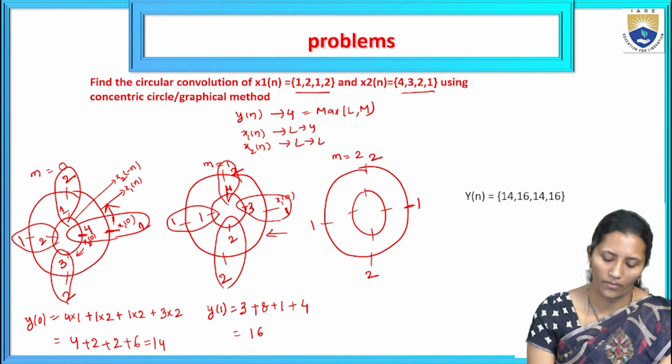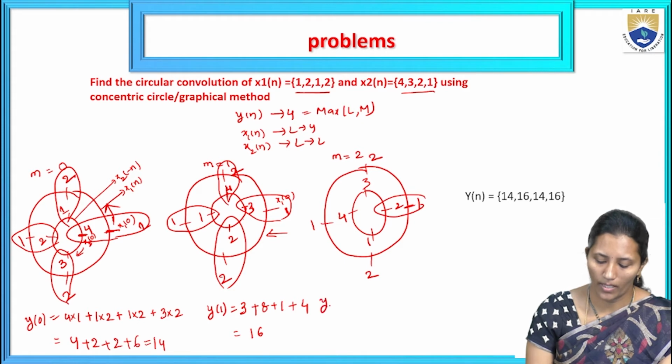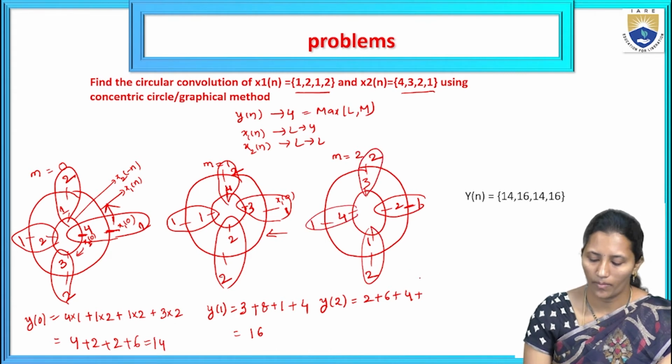So here it starts from 4, 1, 2, 3. The corresponding amplitudes will be multiplied here. So y of 2 is equal to 2 plus 3 into 2, 6, plus 4 into 1, 4, plus 1 into 2, 2. So here we are going to get 14.